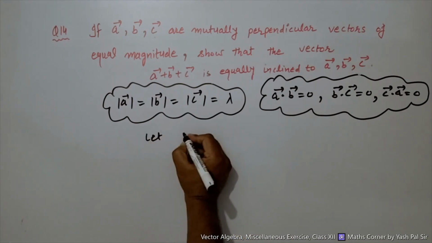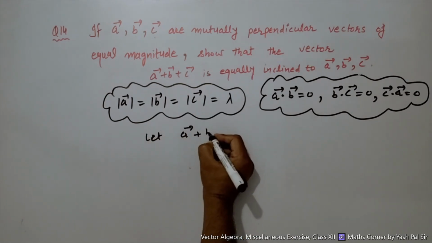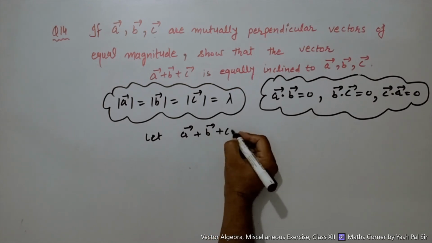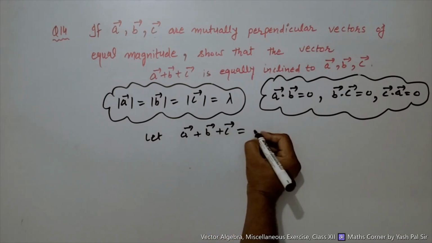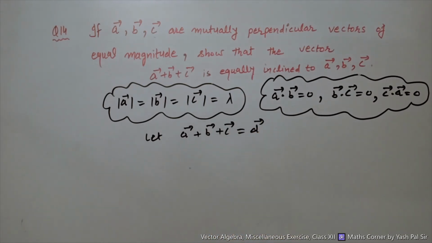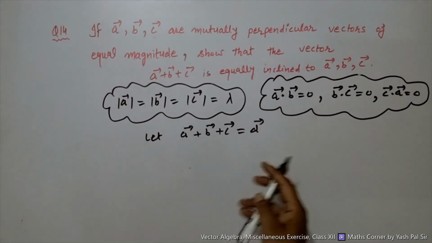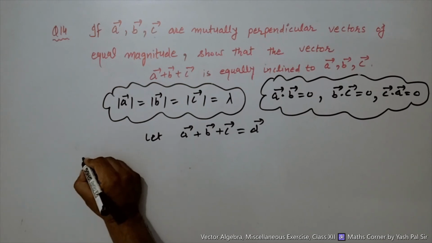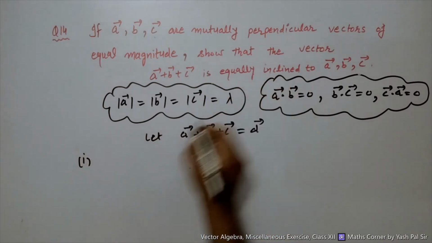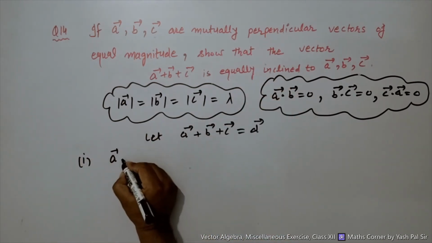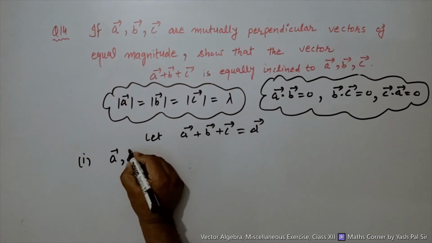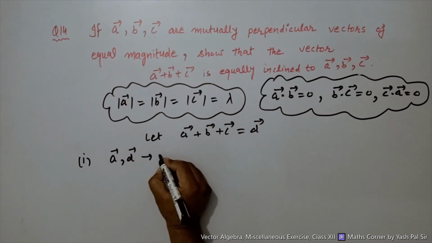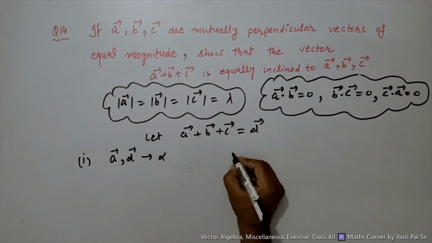Now let vector A plus vector B plus vector C be equal to vector D. Now we suppose that they are not equally inclined. So number one case, suppose vector A and vector D are inclined to each other at an angle alpha.